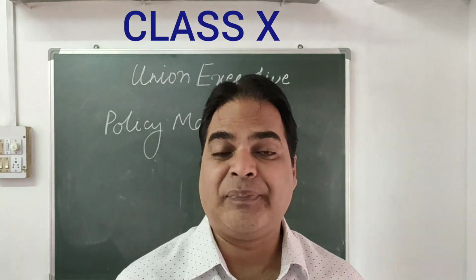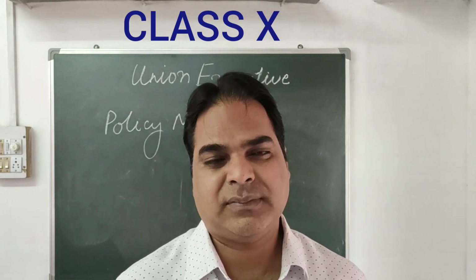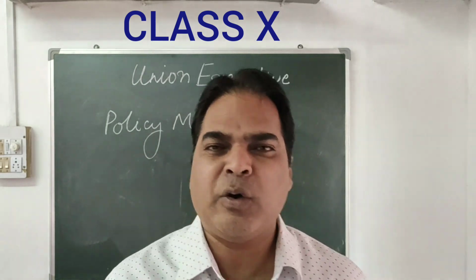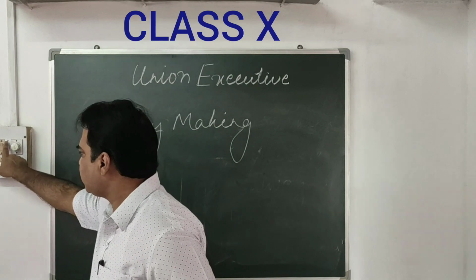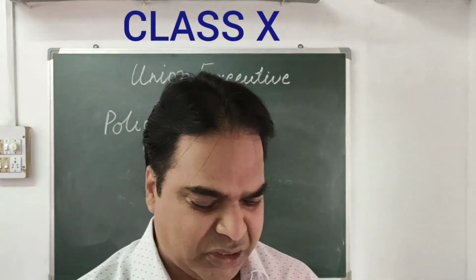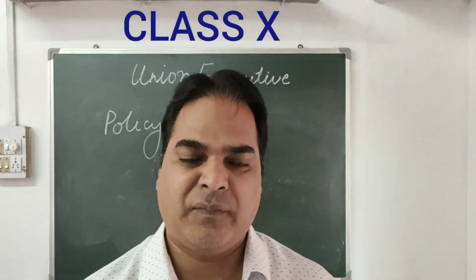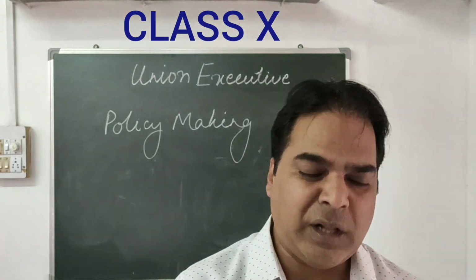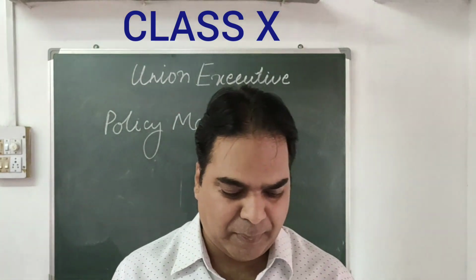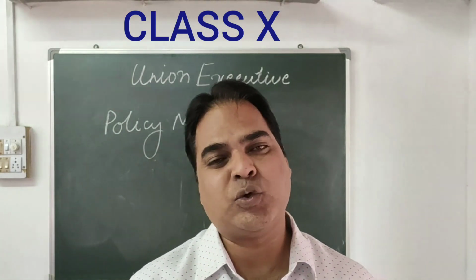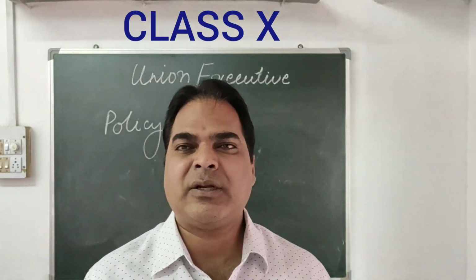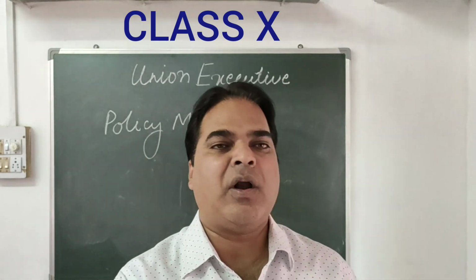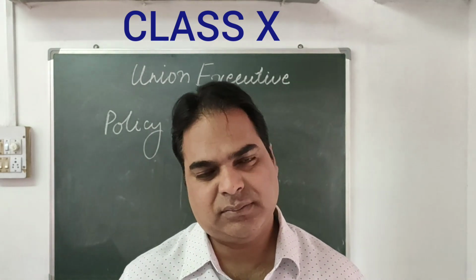Now policy making, Union Cabinet. The Prime Minister along with the Cabinet Ministers frame the policies, and they are approved by the Parliament. All the policies get approved by the Parliament, to run the administration of our country. Now the Cabinet coordinates the working of all departments of the government.